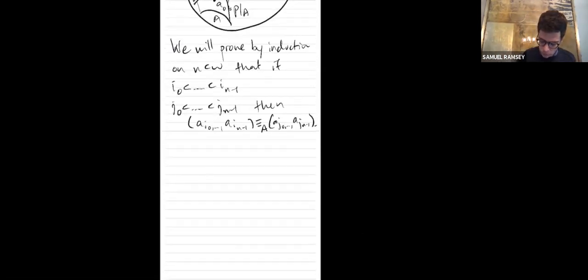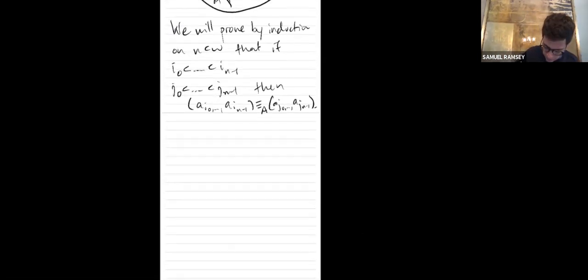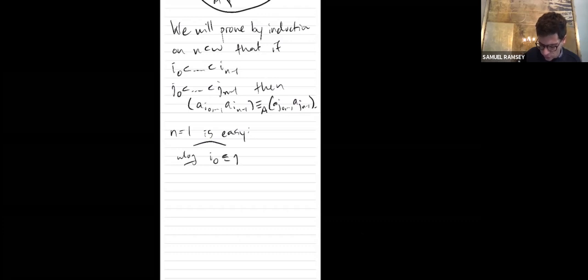So the case of n equals 1 is easy. Why? Well, let's assume without loss of generality, for example, that i0 is less than or equal to j0. We can just make a choice about which one is bigger.